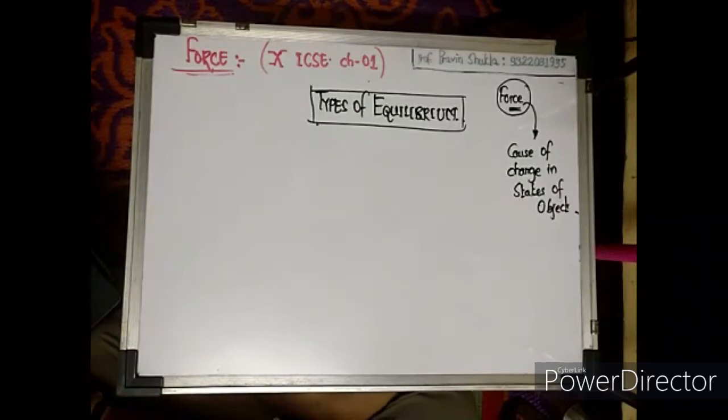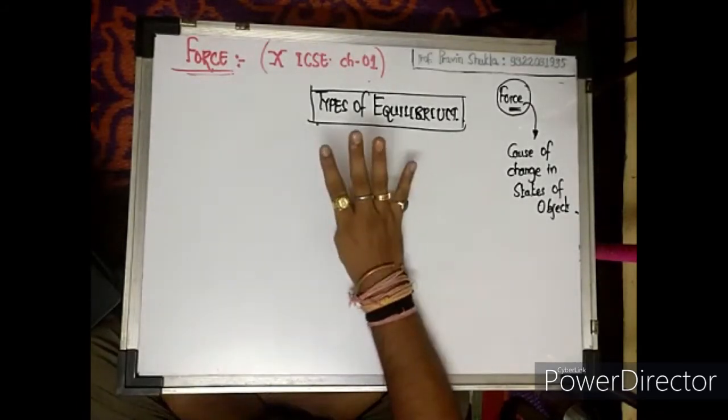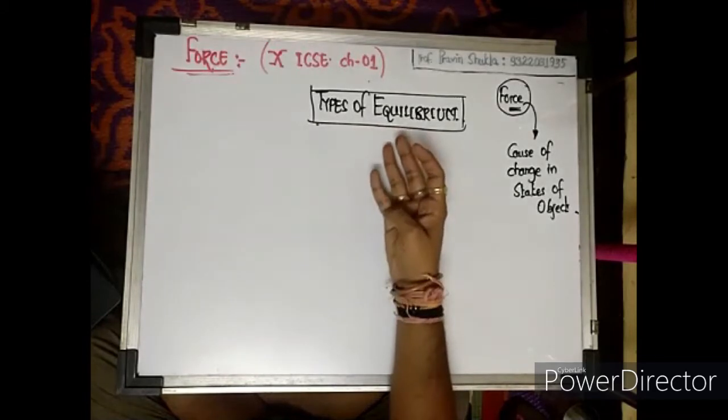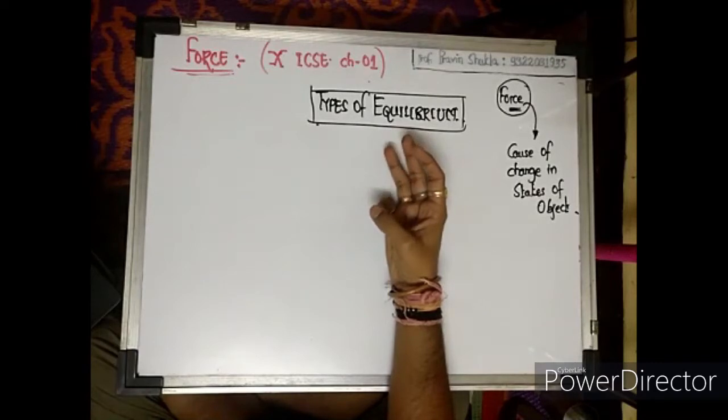How many states of objects are there? There are 4 states: rest, and then 3 motions: uniform motion, uniformly accelerated motion, and non-uniformly accelerated motion.